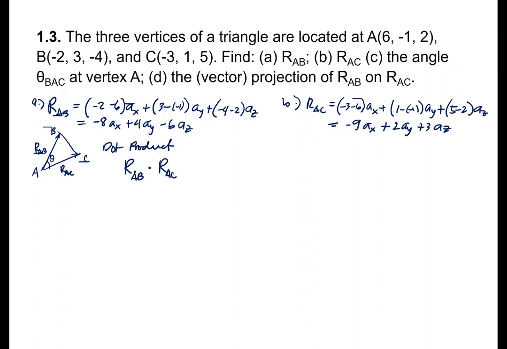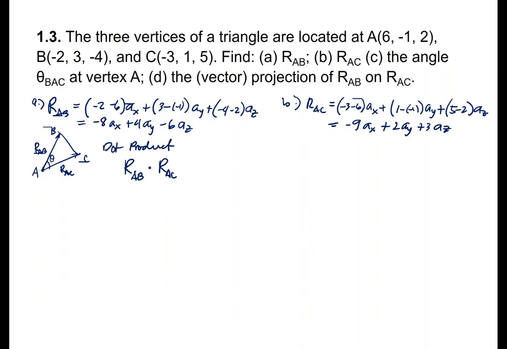Take note, can we use the vector BC or CB? No, because it's not part of vertex A. Only the two vectors at vertex A. That's why the problem asks for RAB and RAC, so the values will be used for part C.